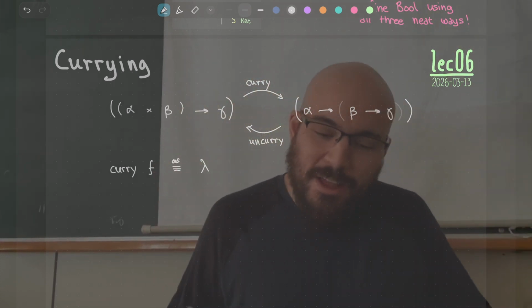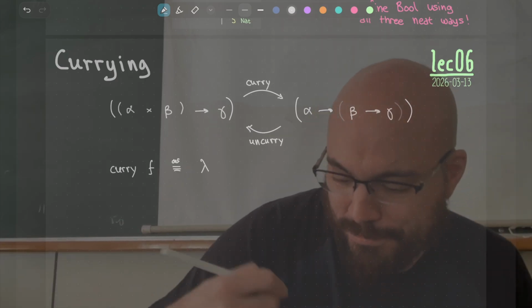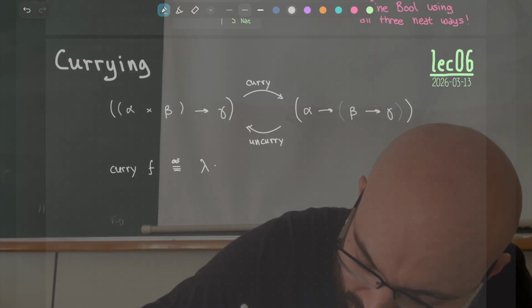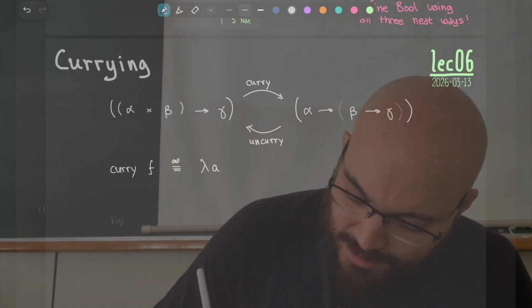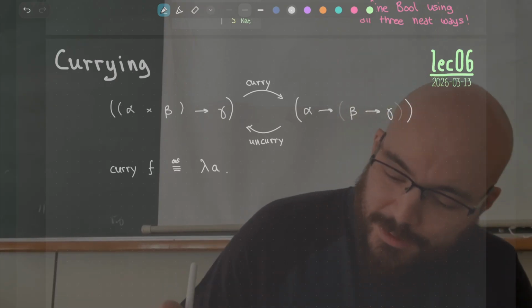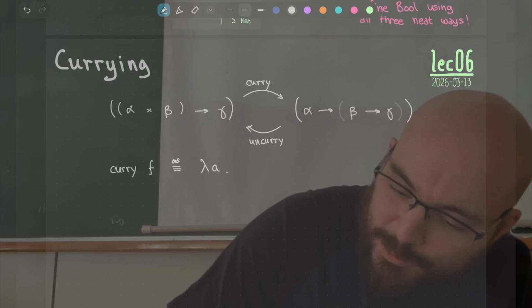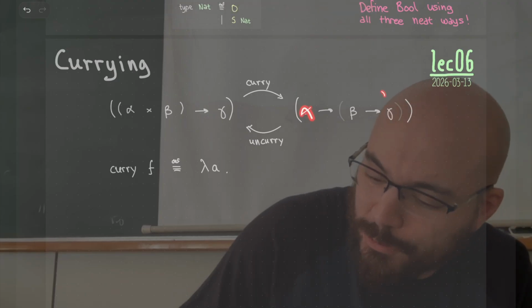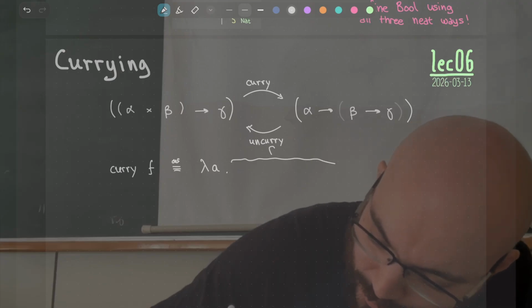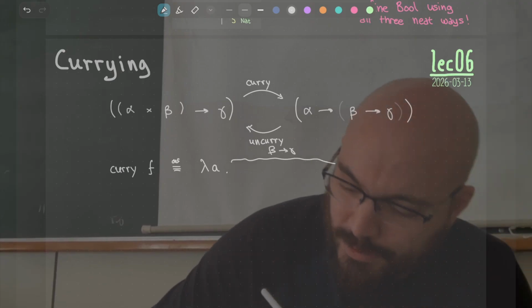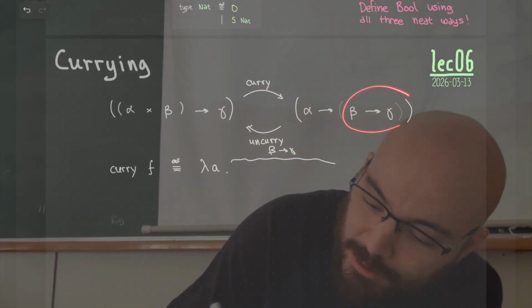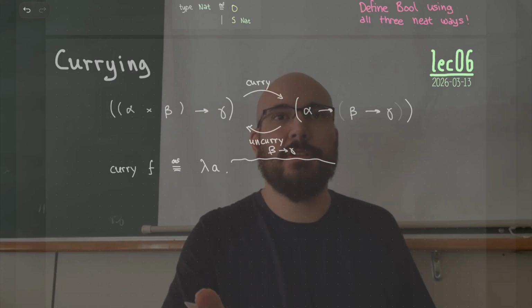So I will use a name to remind me that it's something of type alpha, and obviously this name is a. I add this dot there, and since I'm constructing a function that goes from alpha to this type, this thing here should have the output type of the function that I'm creating. Questions? No? Good.